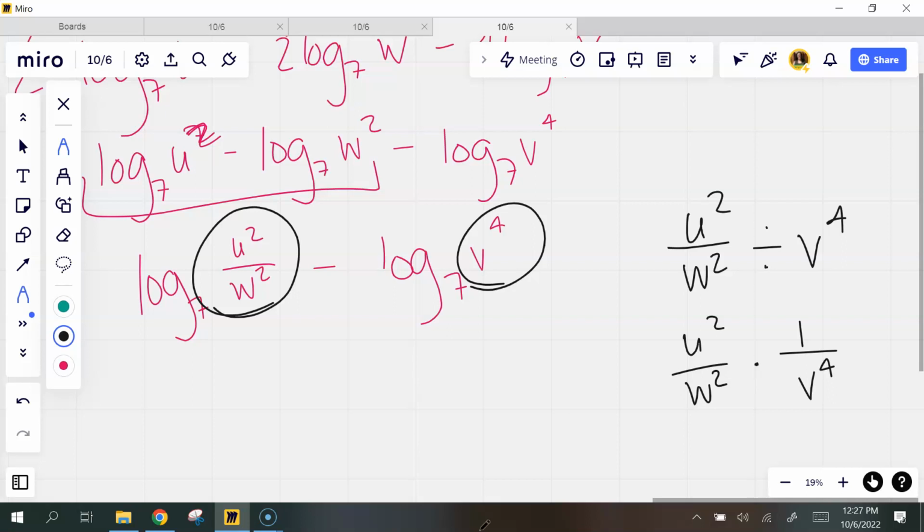Instead of dividing by a fraction, multiply by its reciprocal so you don't get confused on if it should be in the numerator or the denominator. Okay? So this is going to be log base 7 of u squared over w squared v to the 4th.